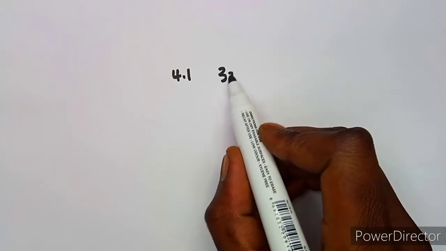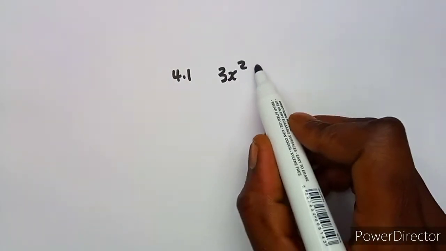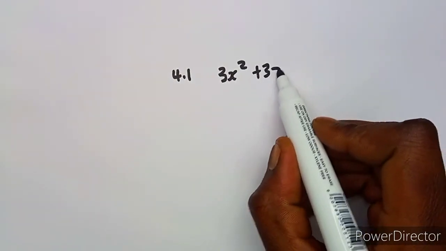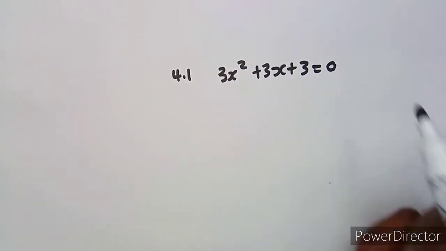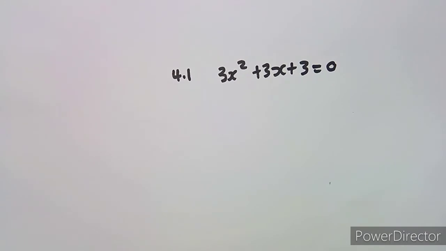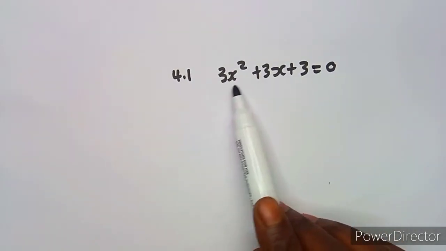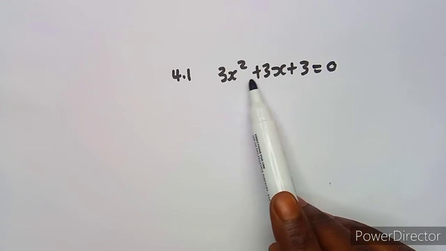We have got 3x squared plus 3x plus 3, which is equal to 0, like that. So actually what I could do is to solve. Maybe I try to factorize, I try to apply the quadratic formula, but actually by just looking at these numbers we will see that we do not have any common.